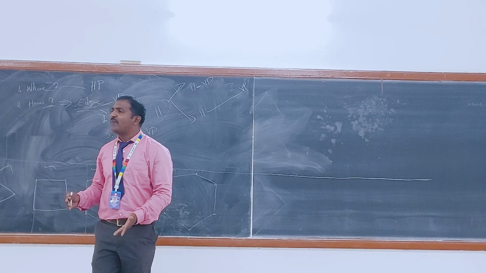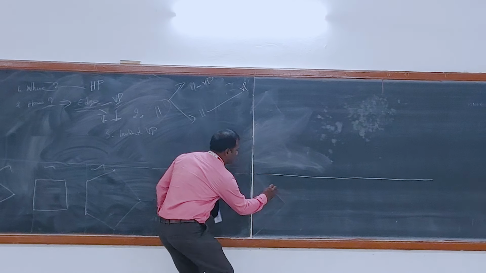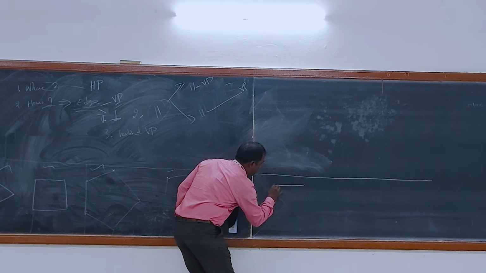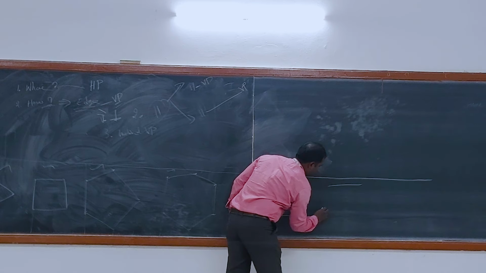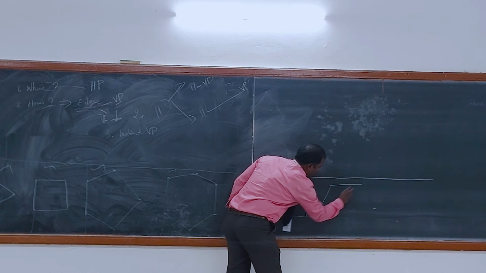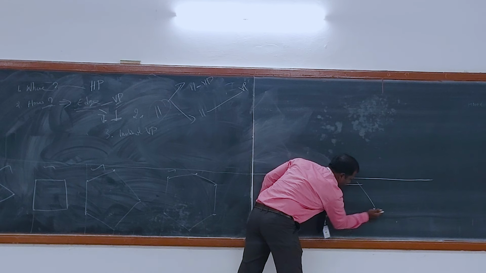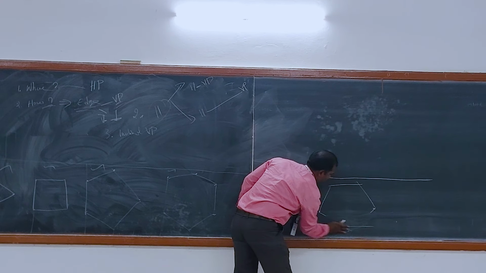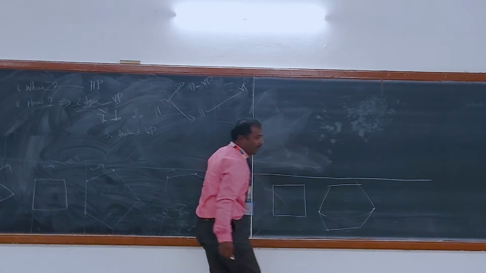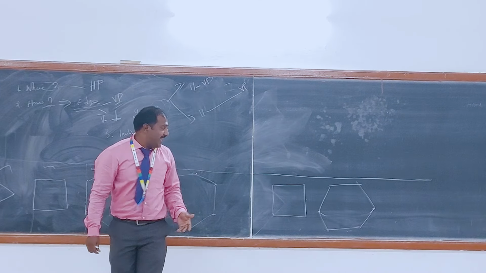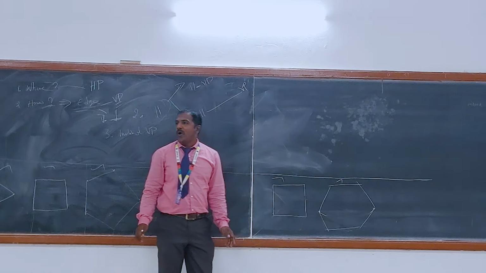First I will draw for square and hexagon. Clear? Now see, one of its base is parallel to VP.